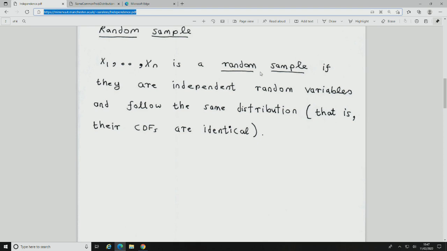Here we have, are you familiar with this notation? This means the exponential distribution.